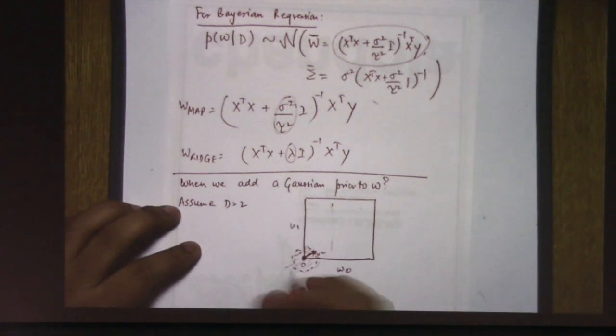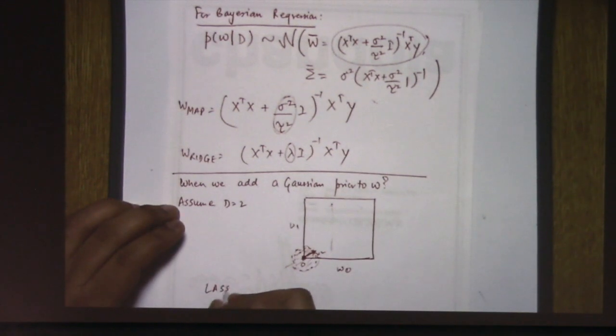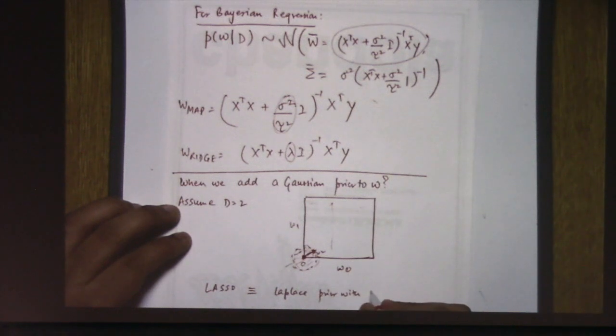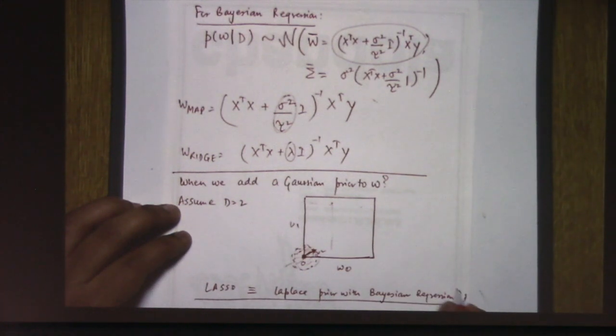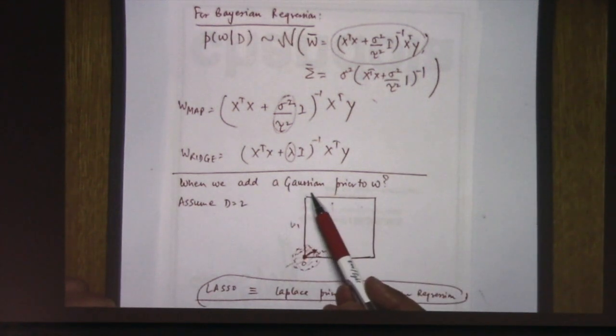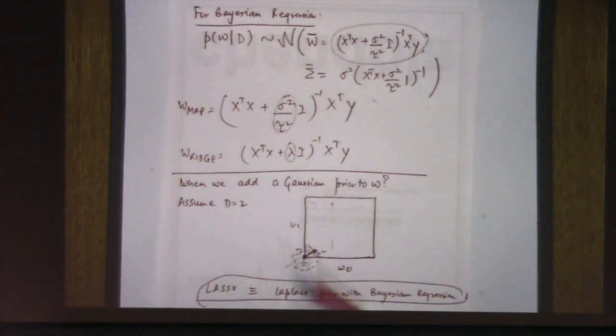I won't talk about it much, but lasso has the equivalence of using a Laplace prior with Bayesian regression. So like ridge has an equivalence of Gaussian prior with Bayesian regression.